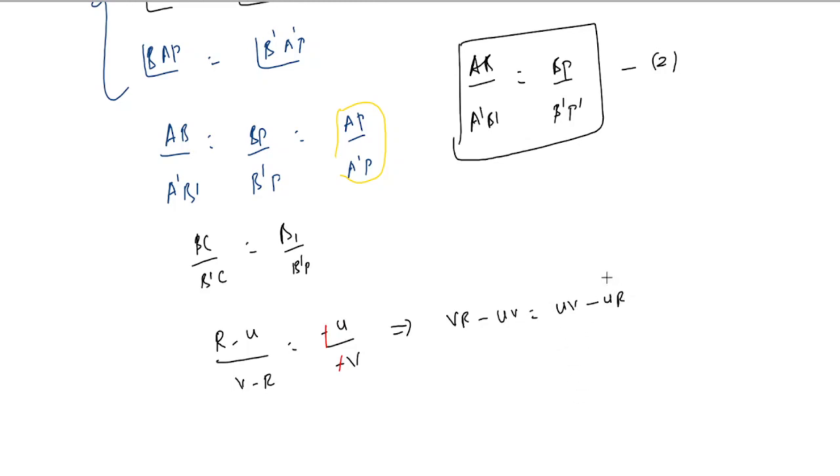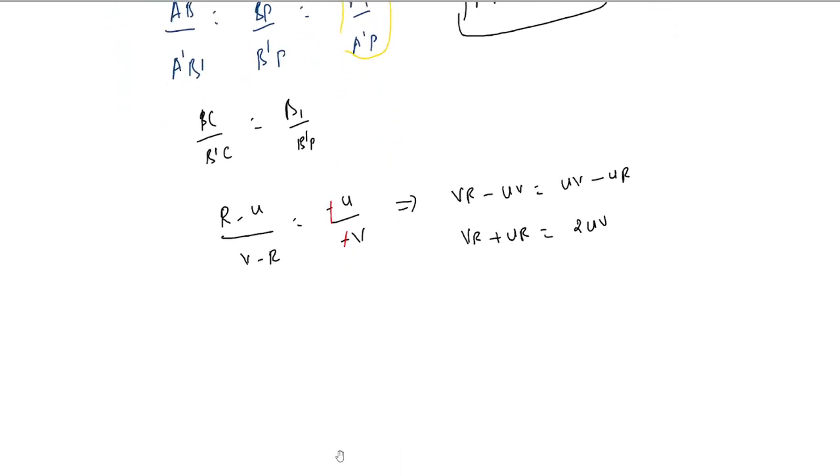We'll bring the term UR this side. So what we get would be VR plus UR is 2 times U into V. We will divide the entire thing by UVR.